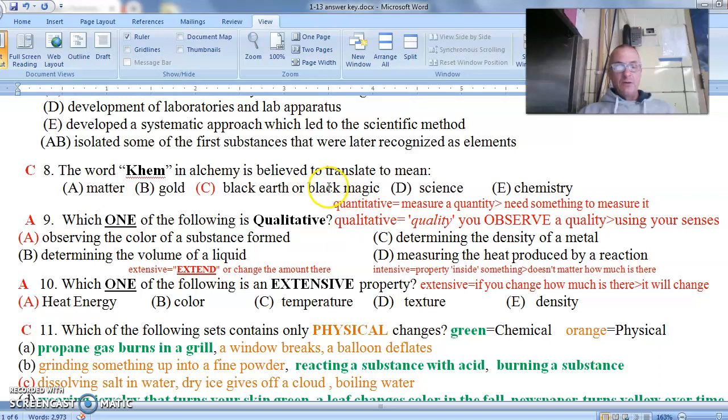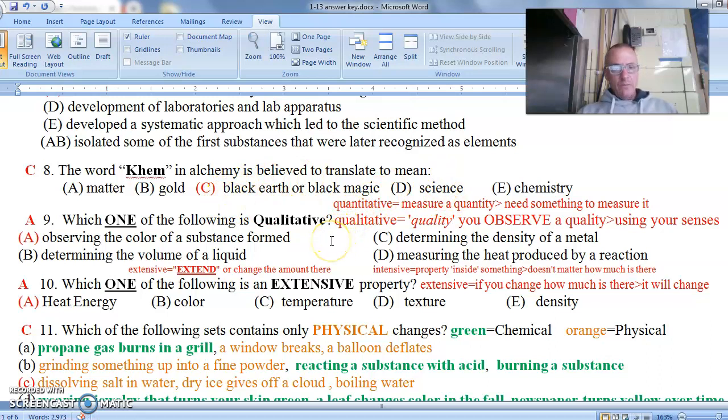And it was black magic because it was dark and mysterious. So some think that that's where the word chem was used in alchemy. And that part of the word alchemy, chem, is where the word chemistry comes from. But chem comes from alchemy. At that time, they did not really call themselves chemists. So it's not letter E, it is letter C.